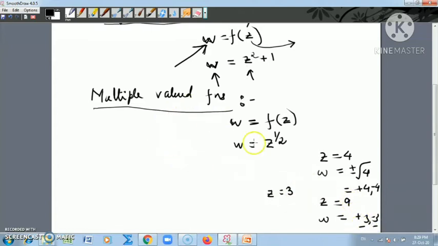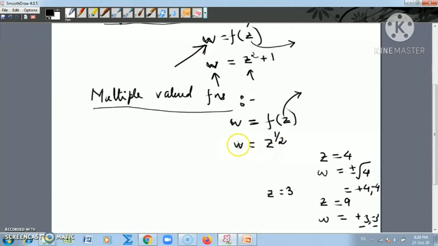So this type of functions where a particular value of the independent variable gives rise to different values of w are called multiple valued functions. In this particular case, the multiplicity is 2. We have two valued functions. There may also be more than 2 actually. So we'll come across such kind of examples. This is multiple valued functions.